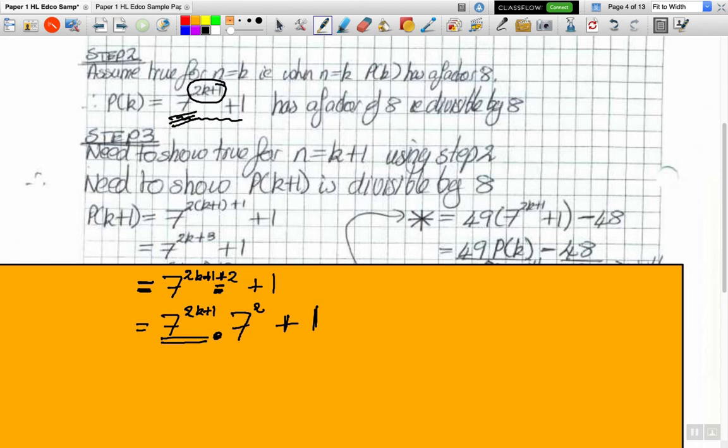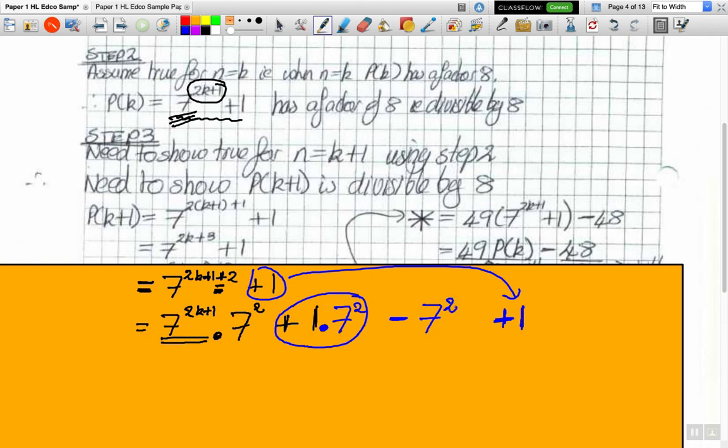And now I'm afraid you have to learn a trick. The trick is, I'm going to multiply this by 7 to the 2. It's meant to have a plus 1, which I've decided to write there. But I've just put this extra term in that shouldn't be here, so now I'm taking it off.